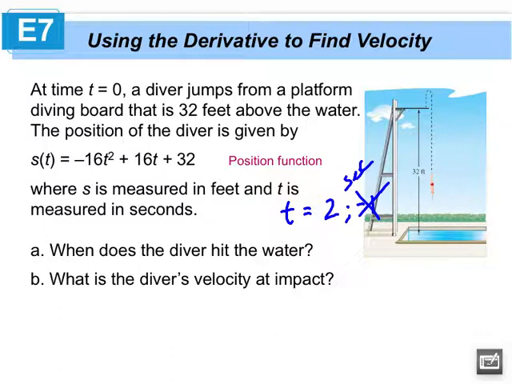So we'll take the derivative of s of t, which will give us v of t, the velocity with respect to time. And now we get a little practice on what we did yesterday. Abby, what's the derivative of negative 16t squared plus 16t plus 32? Negative 32t plus 16. Well done.